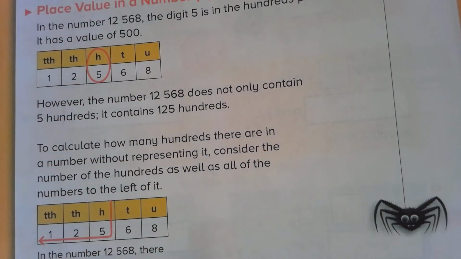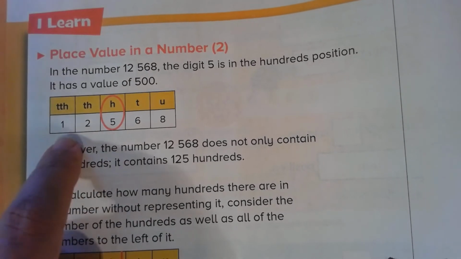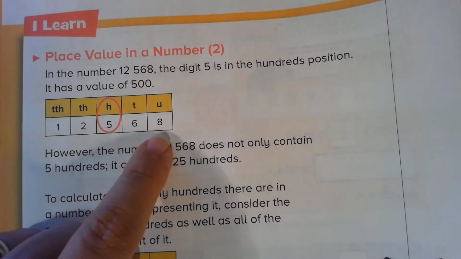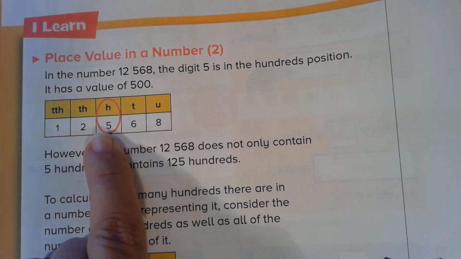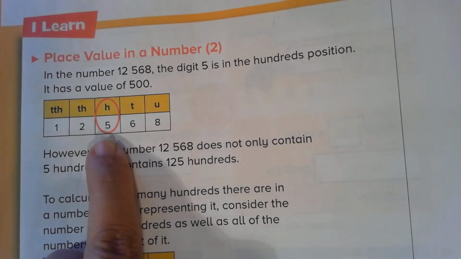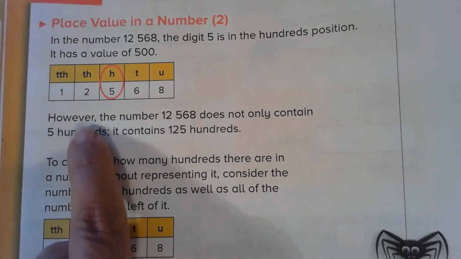Let's look at our book on page 8. It says, in the number 12,568, the digit 5 is in the hundreds position. It has a value of 500. We knew that, right? However, oh, they threw this at us.